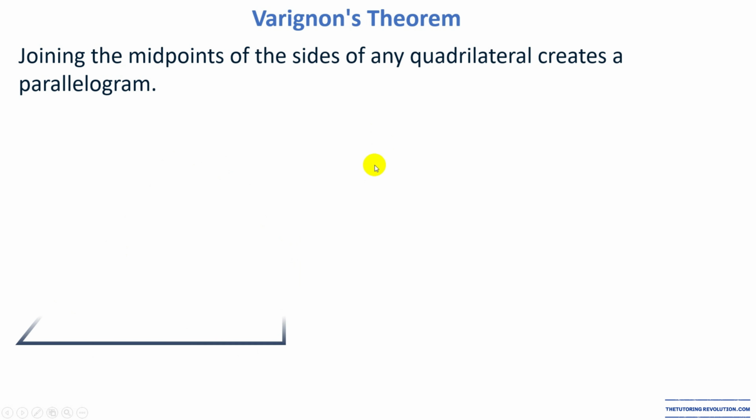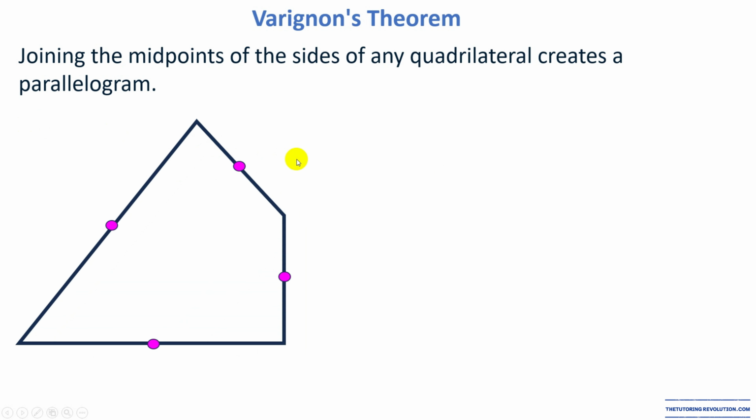So let's prove the theorem in this figure. Okay, so basically we have to prove that these two sides of the quadrilateral we're creating are parallel to each other first. Okay, because a parallelogram has two pairs of parallel sides, two opposite sides that are parallel. So first we want to show that these two sides are parallel to each other.